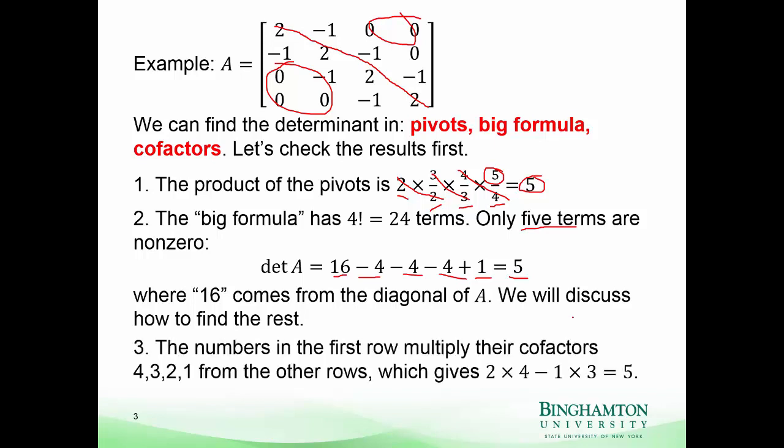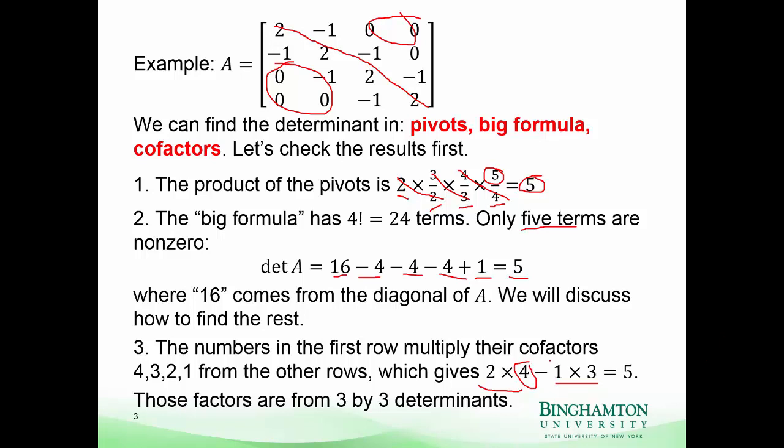And then we can also, for this particular matrix, use the cofactor method. And in this case, the cofactor method just boils down to a simple computation. So we'll look at these in just a little bit. But these cofactors, which we're seeing here as the 4 and the 3, are just 2 of the 4 possible cofactors for this matrix. They come from looking at 3x3 determinants.